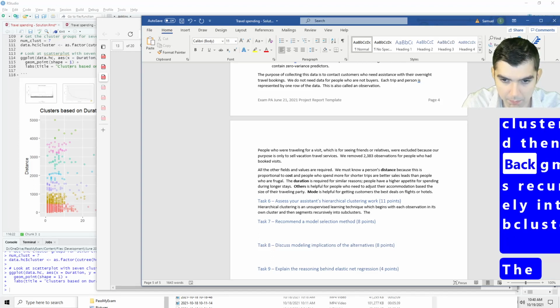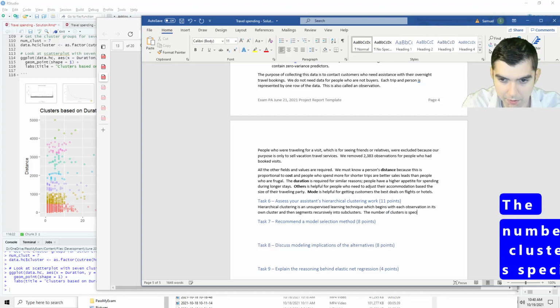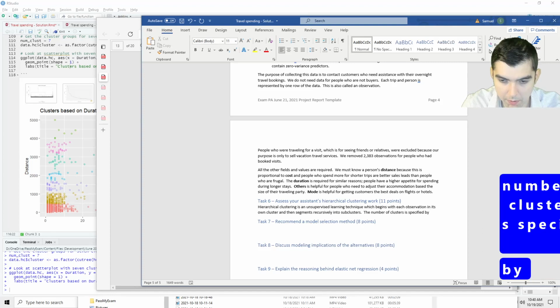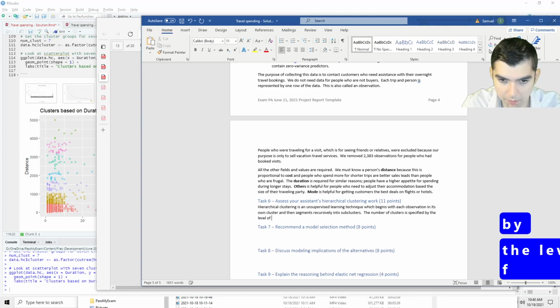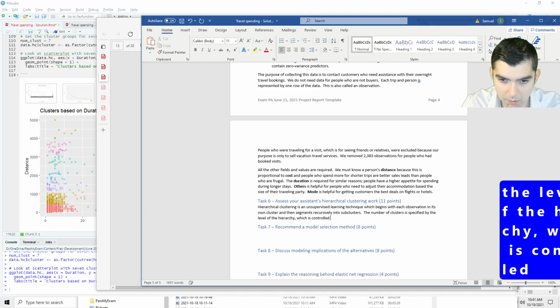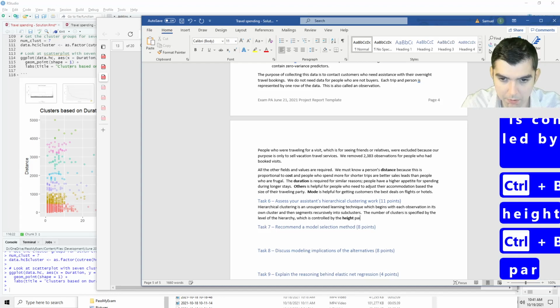The number of clusters is specified by the level of the hierarchy, which is controlled by the height parameter.